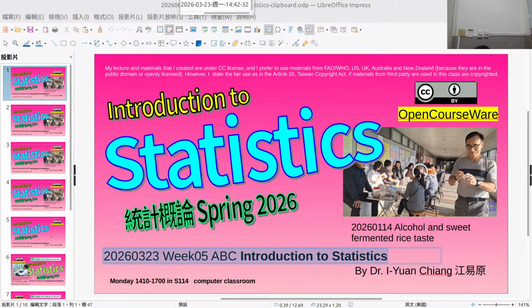But if we use lowercase s, that is a sample standard deviation. And here, the denominator is not n. Instead, it would be n minus 1. Is it okay? I will remind you of this many times until you can remember it.